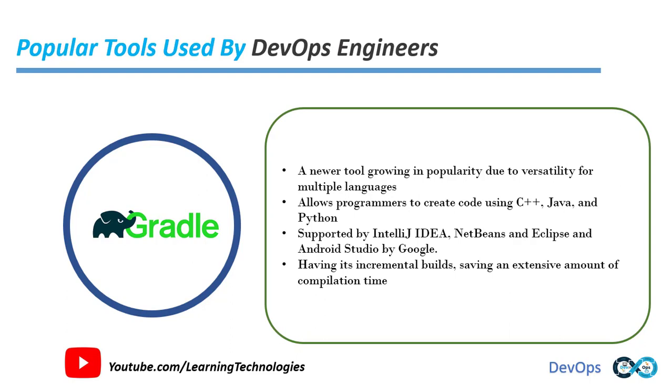It is an ideal alternative to Apache Ant and Maven. Gradle is supported by IntelliJ IDEA, NetBeans, and Eclipse, as well as used as an official build tool in Android Studio by Google.